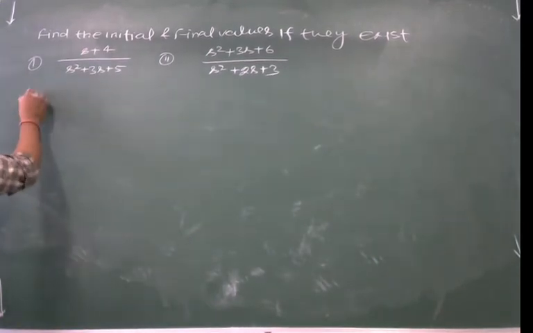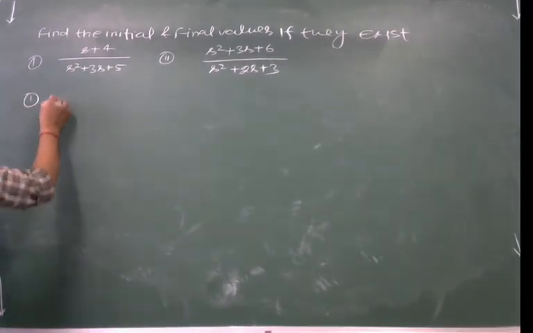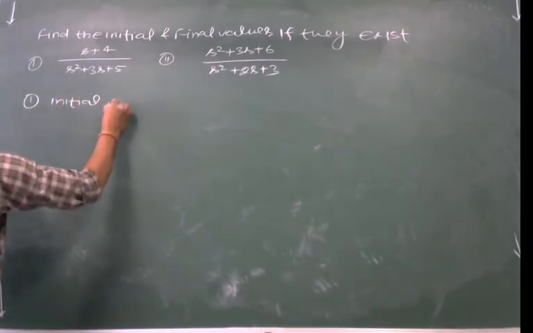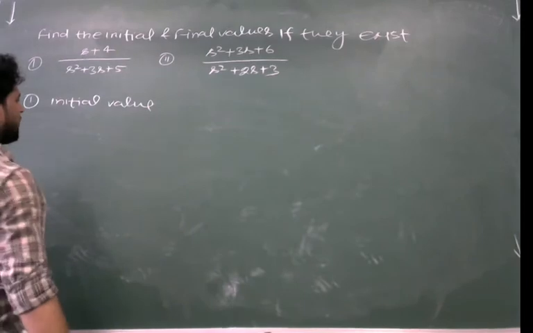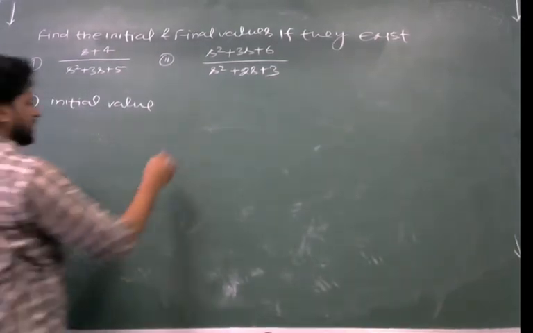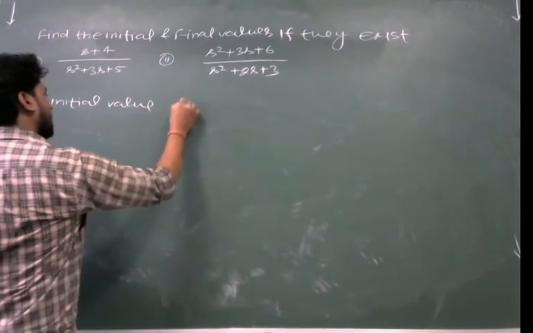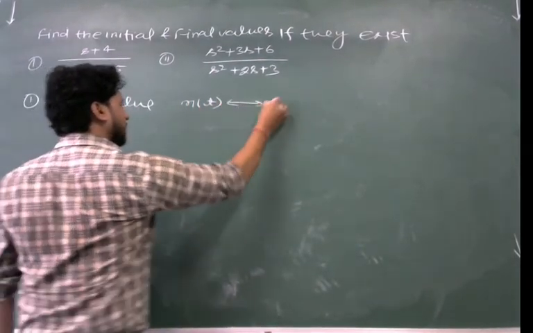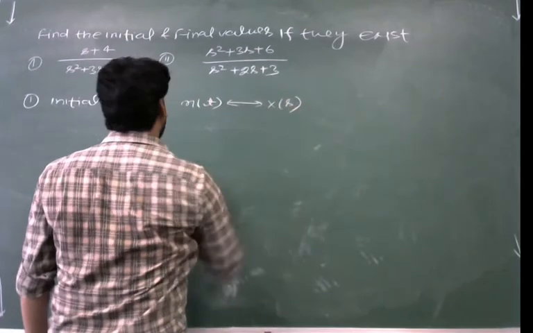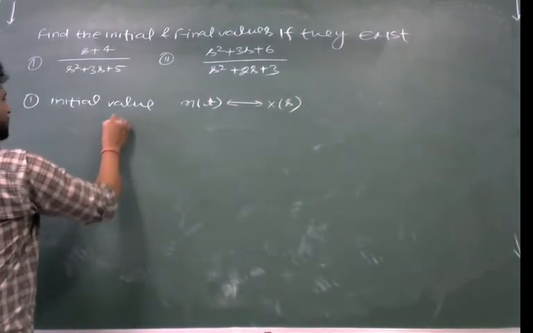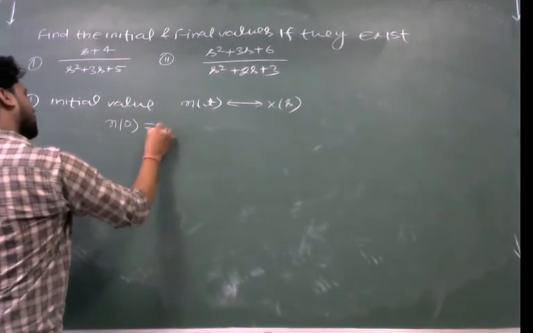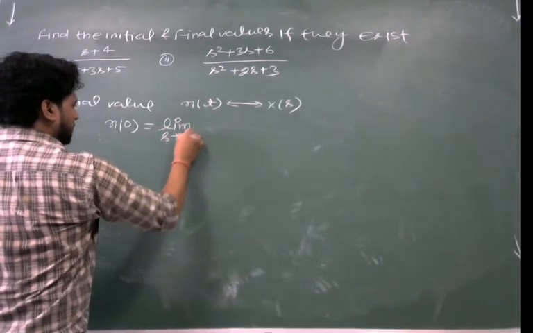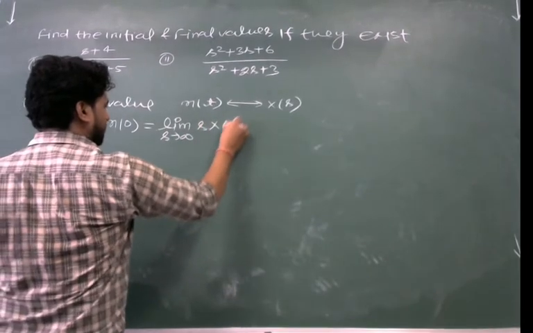So in the first example, we can find the initial value by using the initial value theorem, which states that if the Laplace transform of x of t is x of s, then its initial value x of 0 will be equal to limit s tends to infinite s times x of s.